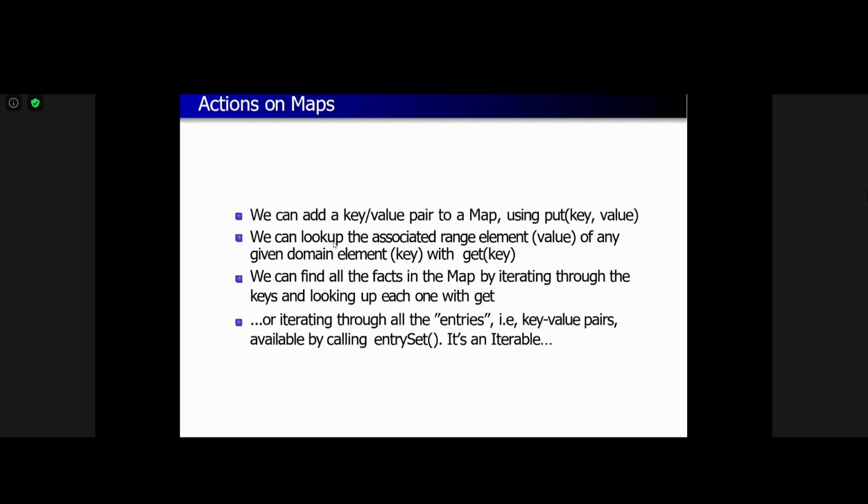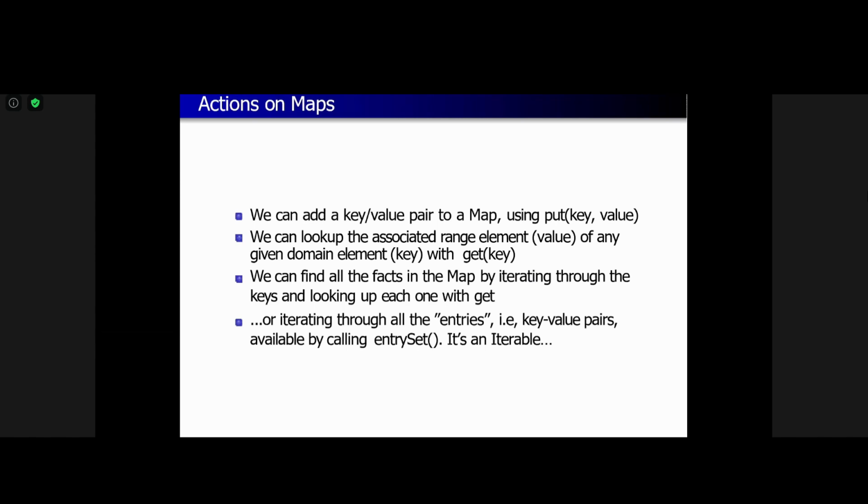Okay, so we can add a key value pair by using put for key and value, similar to the ST symbol table, and we can look up the range element given the domain element. That's the basic lookup, and we can find all the facts by iterating through the keys and looking up each one with get.